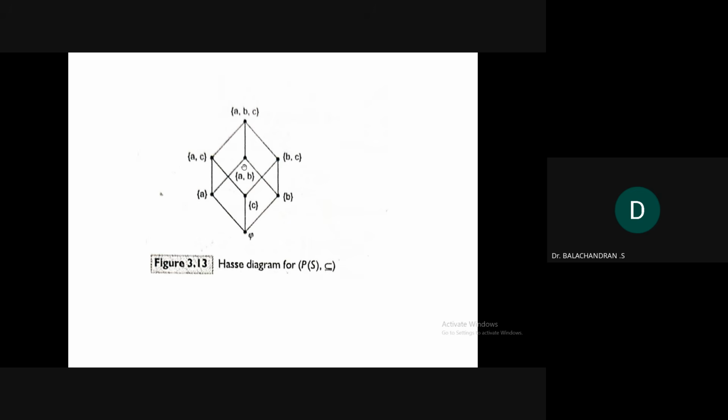Okay, and then A is a subset of AB, B is a subset of AB. Next, AC is a subset of ABC, AB is a subset of ABC, BC is a subset of ABC. So if you have any doubts, you can ask. Okay.